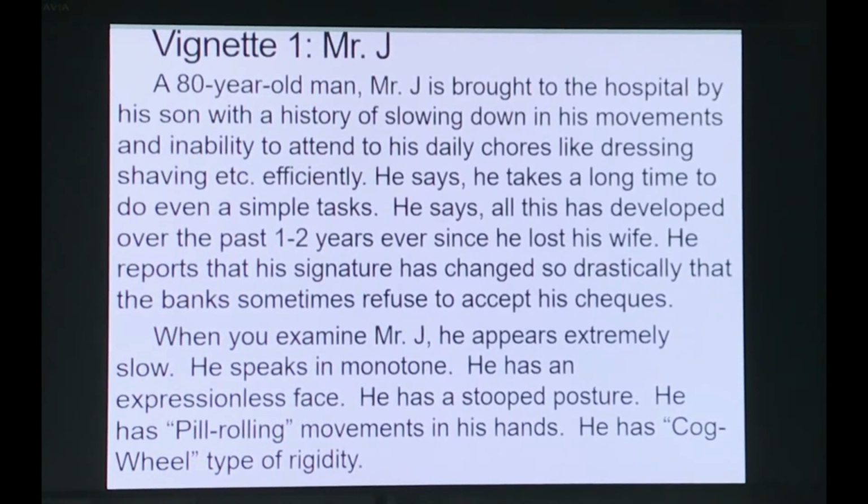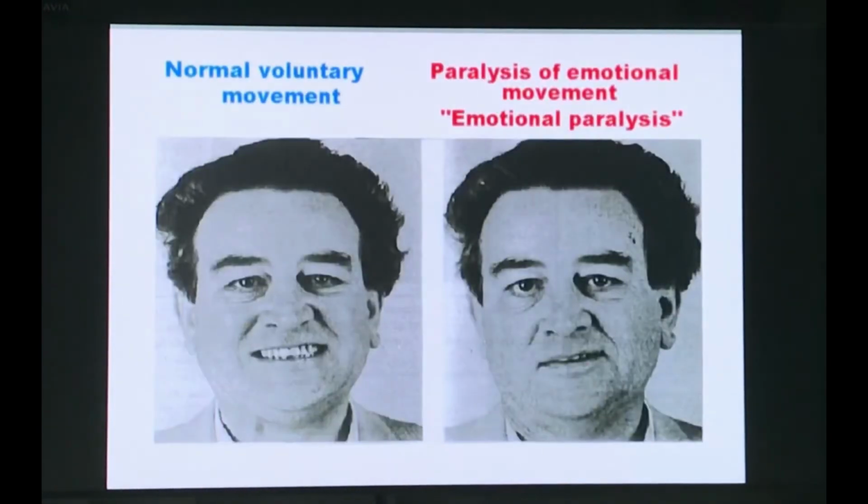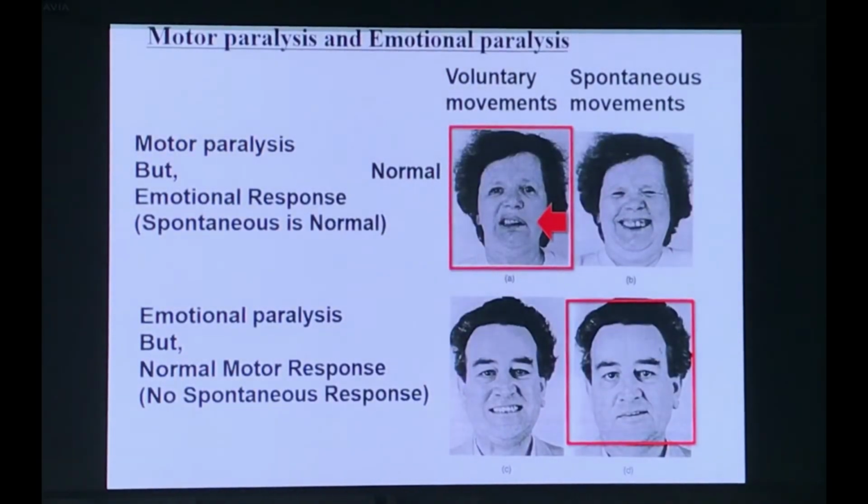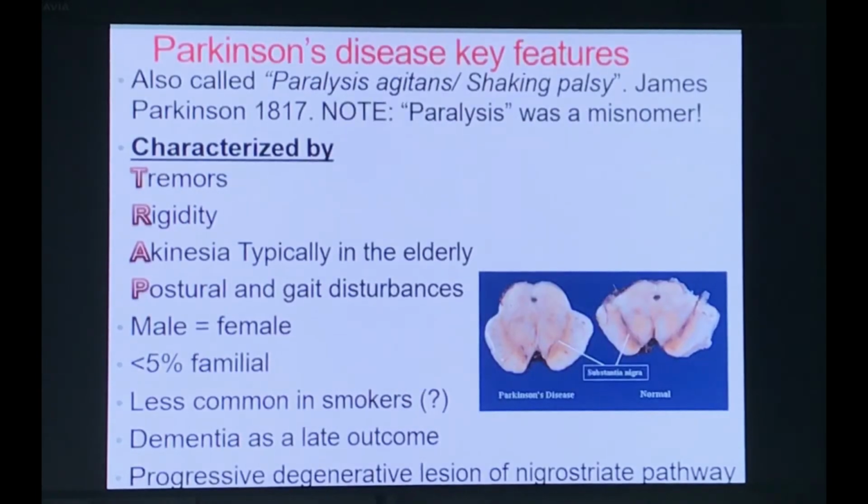And he has a stooped posture, monotonous voice, pill rolling movements in his hands, and cogwheel type of rigidity, and mask like face, that is emotional paralysis. So these are typical features of Parkinson's disease.